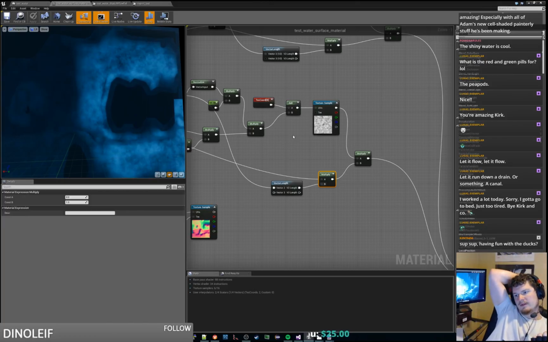What if I averaged the texture coordinates together? Oh man, that would be hilarious.